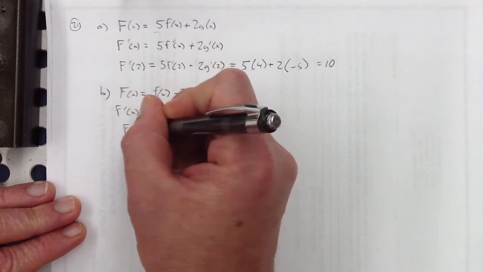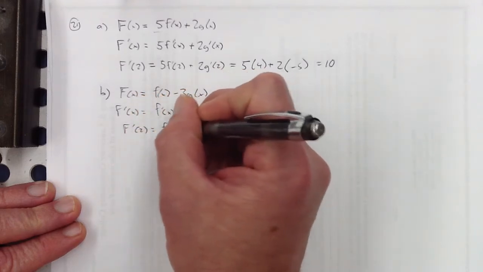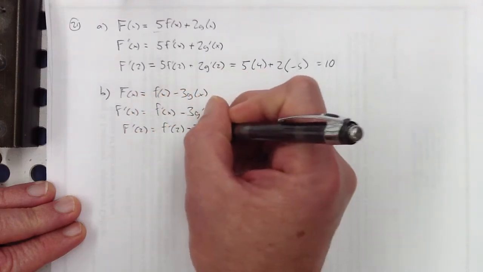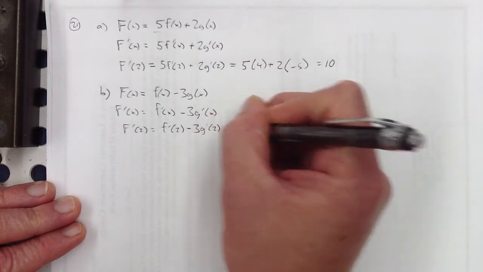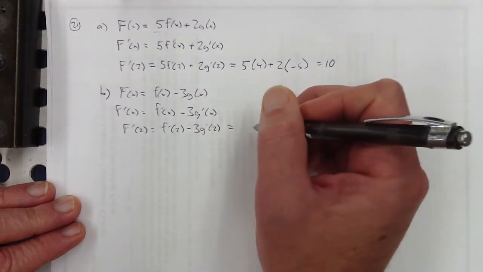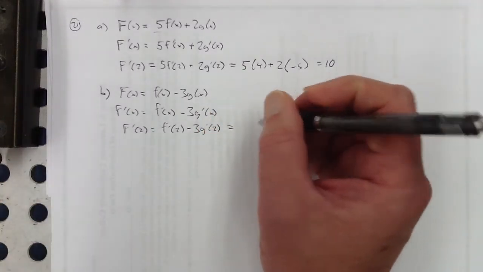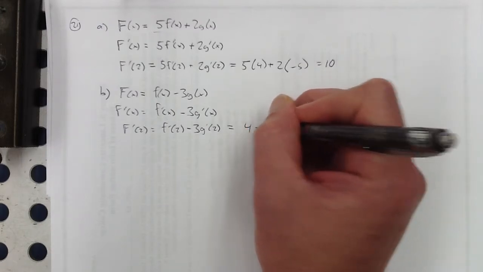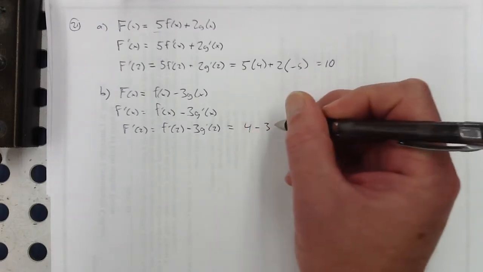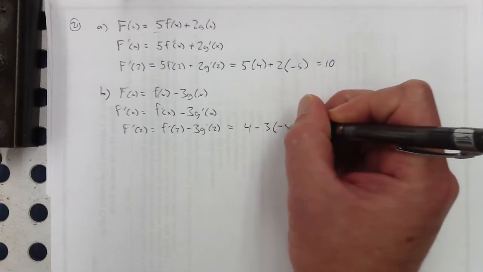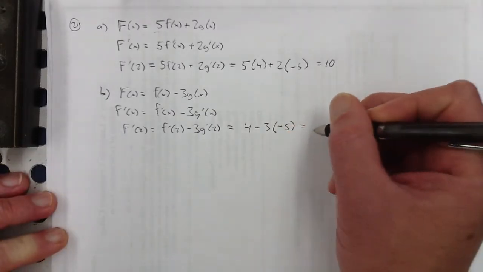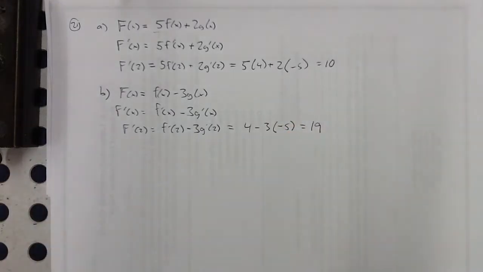So F prime of 2 is little f prime of 2, that is 4, I believe, yep, and minus 3 times g prime of 2, which was negative 5. So that looks like it's going to be 19.